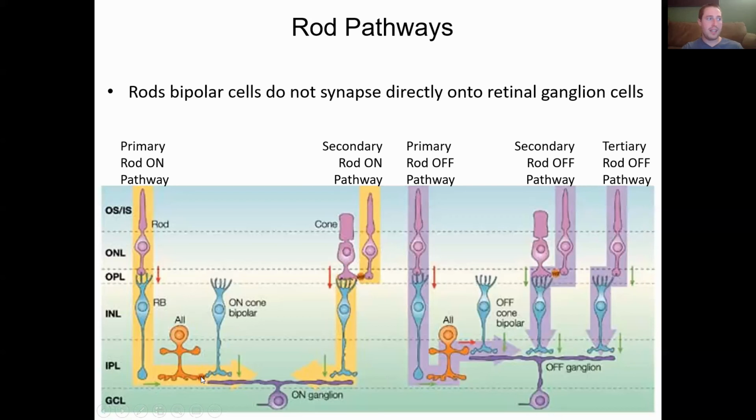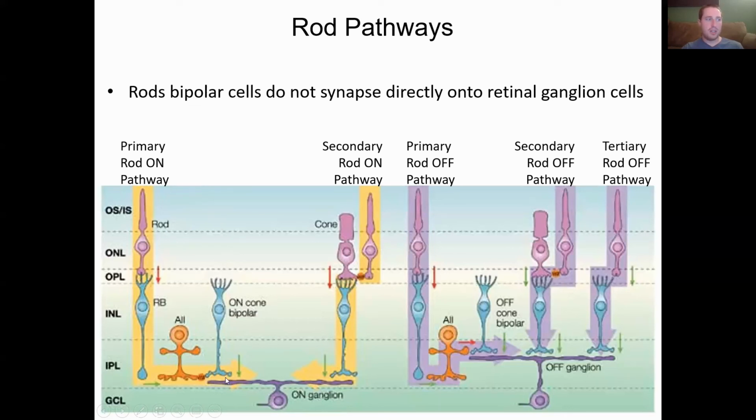And then it makes a gap junction, an electrical synapse, to an on bipolar cell, and then the on bipolar cell releases glutamate onto an on ganglion cell. So it just works through an A2 amacrine cell as a bridge to connect up with an on bipolar cell. So that's the primary rod-on pathway.